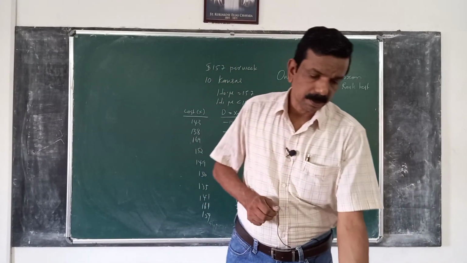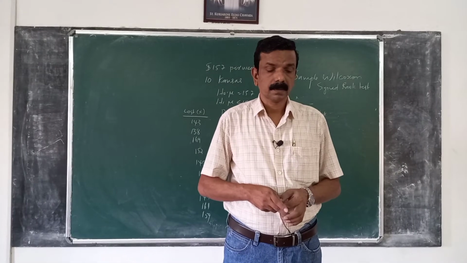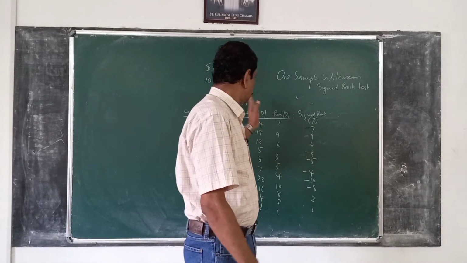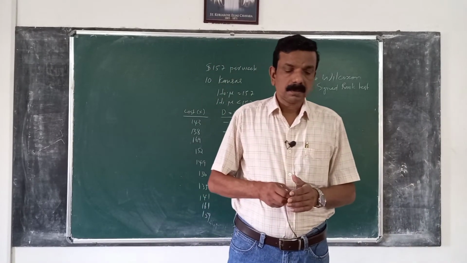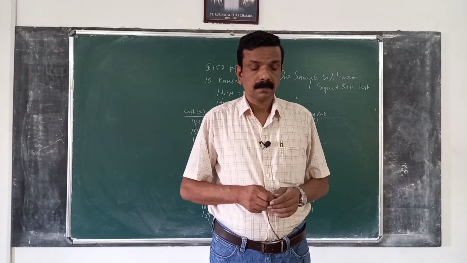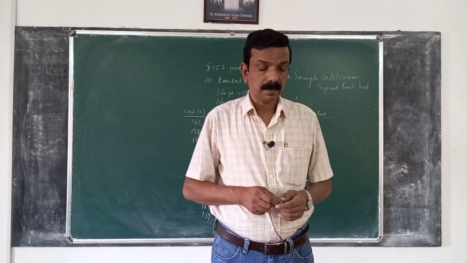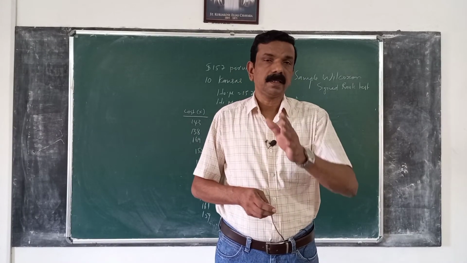Then the reasoning behind Wilcoxon signed rank test is like this. If H0 mu is equal to 157 is true, as the distribution is symmetric, we expect the sum of positive and negative ranks to be roughly equal.